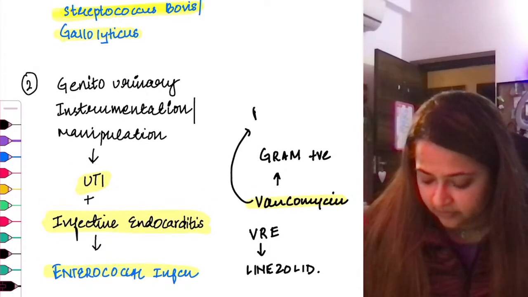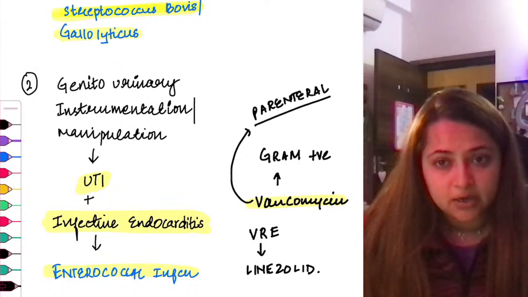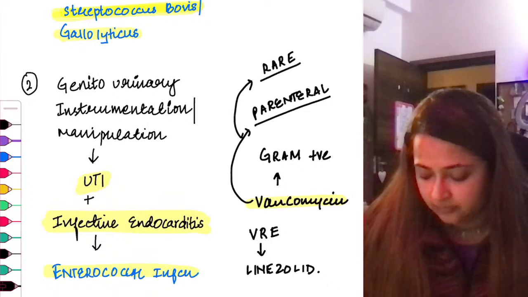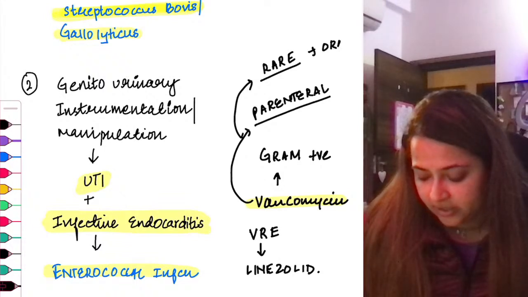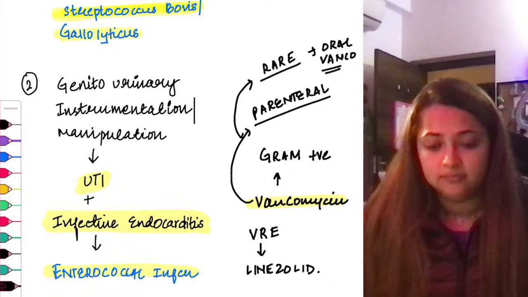Vancomycin is usually given via the parenteral route. Name a very rare indication where oral vancomycin is given. What is that infection in which you give oral vancomycin?